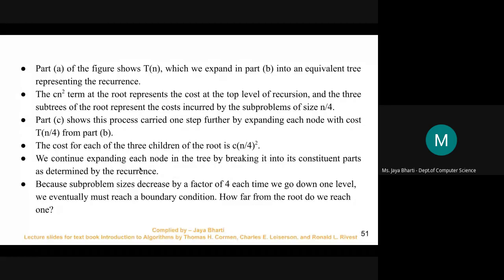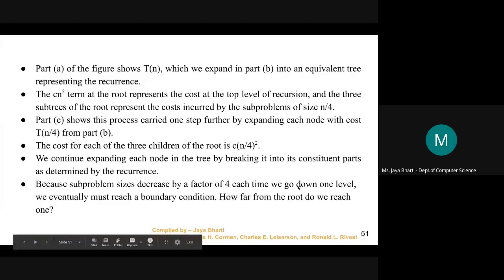So we continue expanding each node in the tree by breaking it into its constituent parts as determined by the recursion. And because the problem size decreases by a factor of 4, since each time we divide the problem's original size by 4, it is decreasing by a factor of 4 each time we go down one level. So we eventually must reach a boundary condition.